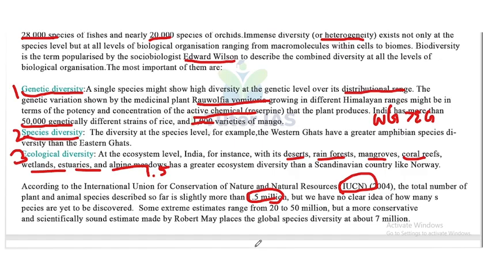But we have no clear idea of how many species are yet to be discovered. Some extreme estimates say it is around 20 to 50 million, but a more conservative and scientifically sound estimate by scientist Robert May says it is around 7 million.